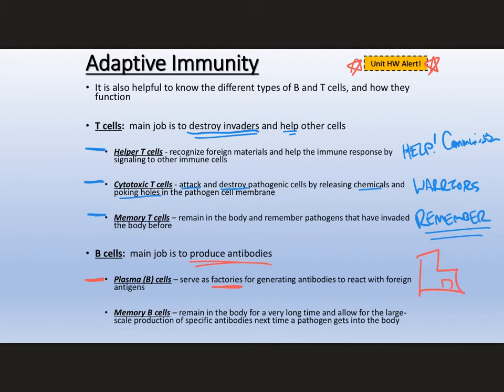Their job is to make antibodies that will help defend you against infection. And then memory B cells, again, that's an awful factory, isn't it? I'm just noticing. Memory B cells, much like memory T cells, are there to remember an invader that has been in the system before.